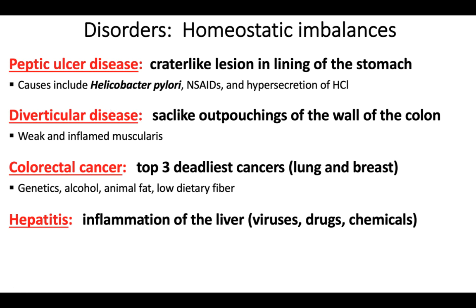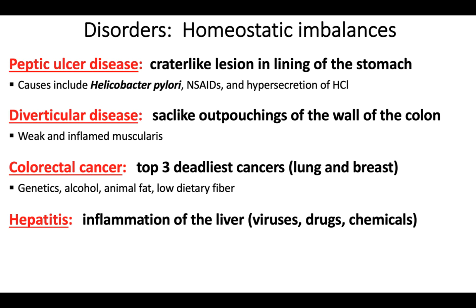Interesting study: the person who identified this, his name is Barry Marshall. To prove this, he actually drank cultures of the bacteria and gave himself ulcers. And that kind of proved this connection between a bacterium and ulcers.